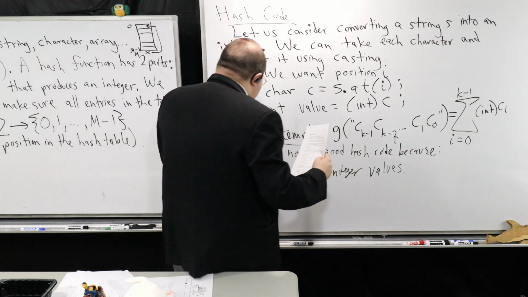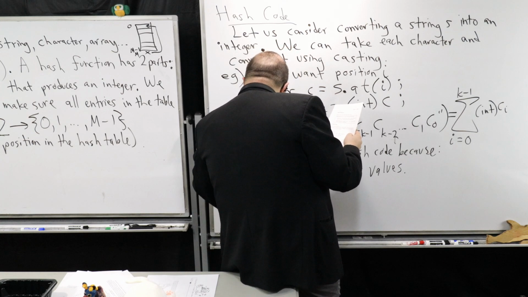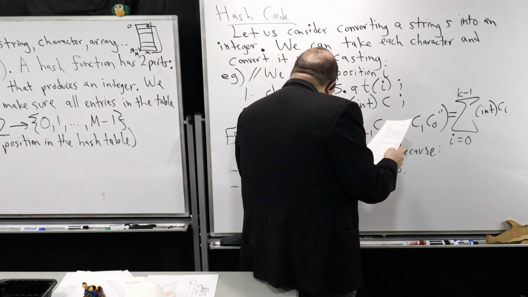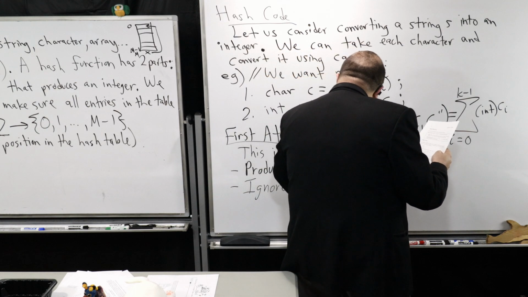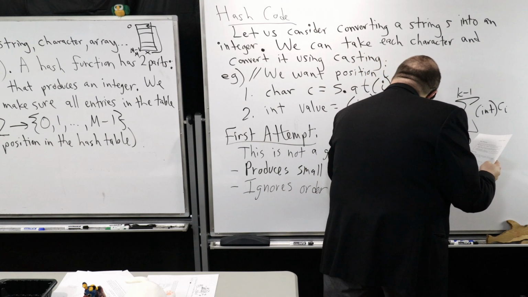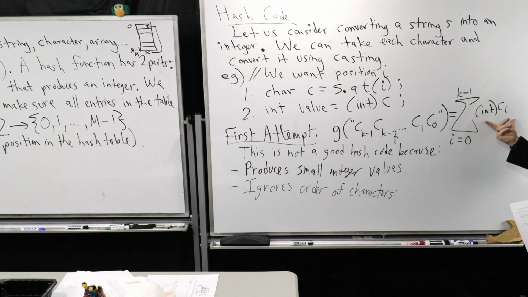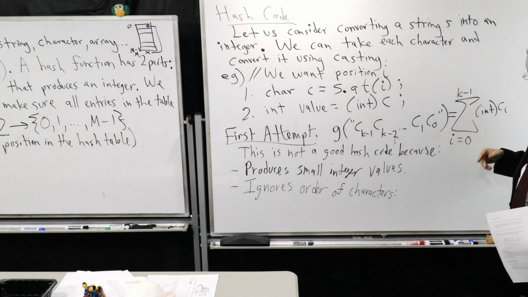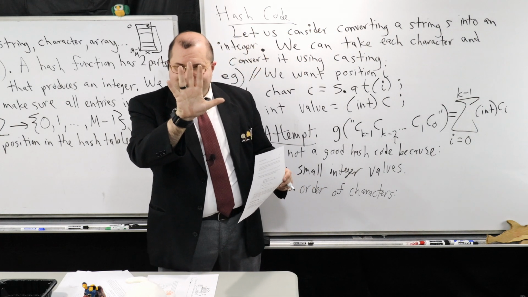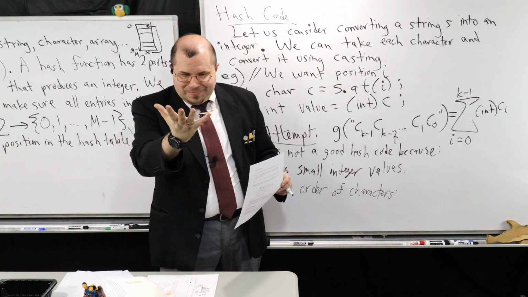The other one is exactly the one pointed out by a lovely, lovely student. The biggest problem with this one is it ignores the order of characters. As was pointed out, with this sum there are many different ways I can get a sum to equal some value. One example of this is if I have a word and I permute the same letters in that string.